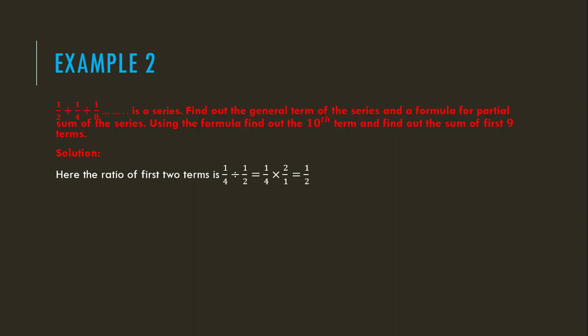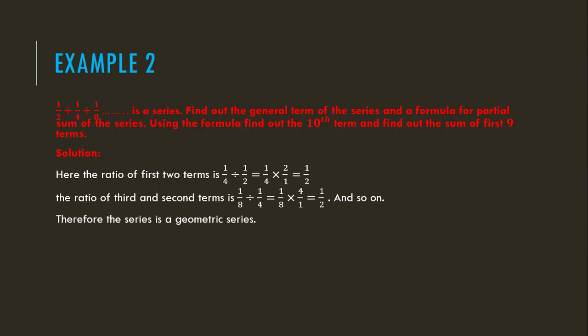For calculating the ratio between the first two terms, we put 1/4 divided by 1/2, and by calculation we get 1/2. The ratio of the third and second term is 1/8 divided by 1/4, which is 1/8 into 4/1, equal to half, and so on.